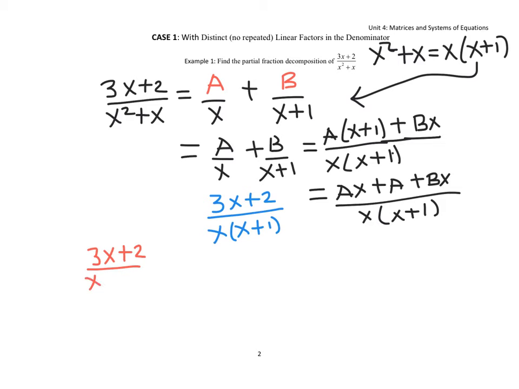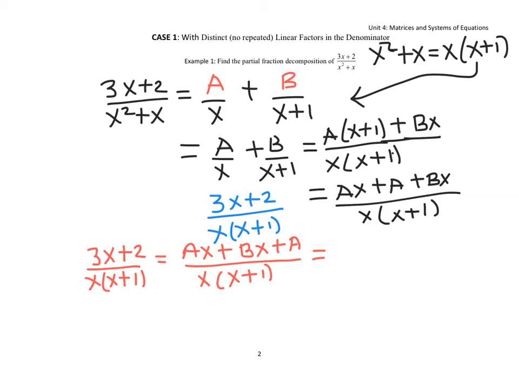Here I'm just rewriting the same thing. x is equal to, I'm going to combine the ax and bx together because both of them have x, plus a over x times x plus 1. See, the denominator is the same.